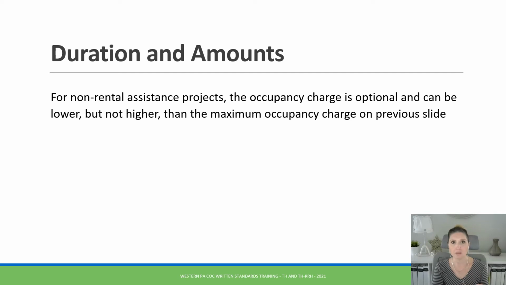In other models that use leasing dollars, so non-rental assistance projects, the occupancy charge is optional and can be lower, but not any higher than the maximum occupancy charge that we just went over on the previous slide.